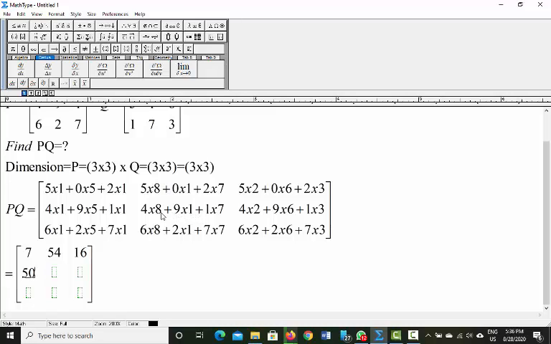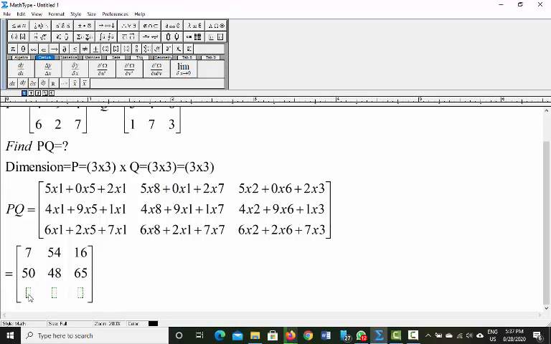So 32 plus 9 is 41, 41 plus 7 is 48. This one 4 multiplied by 2 is 8 plus 6 multiplied by 9 is 54. So 54 plus 8 is 62, plus 3 is 65.